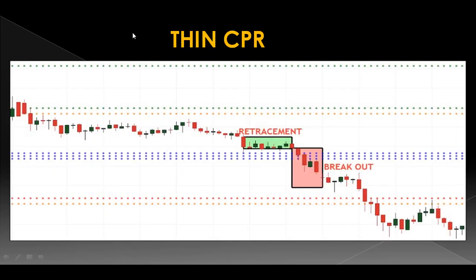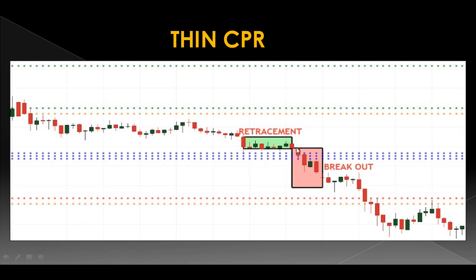Here we can see how thin CPR looks. You see, there is a bearish trend. From here, it reaches the CPR level, and the candles test the CPR level, and a retracement happened here. Once the retracement is complete, two scenarios are possible. One, as we already know, candles can easily break the thin CPR.